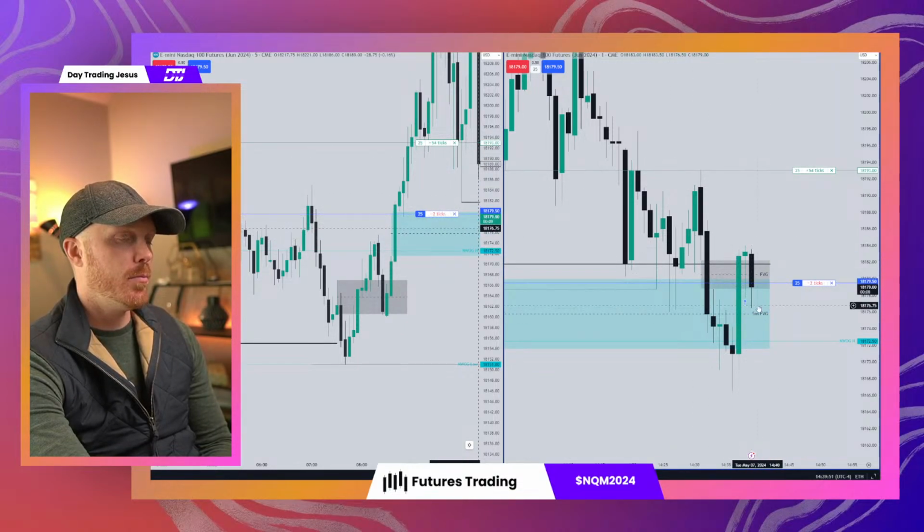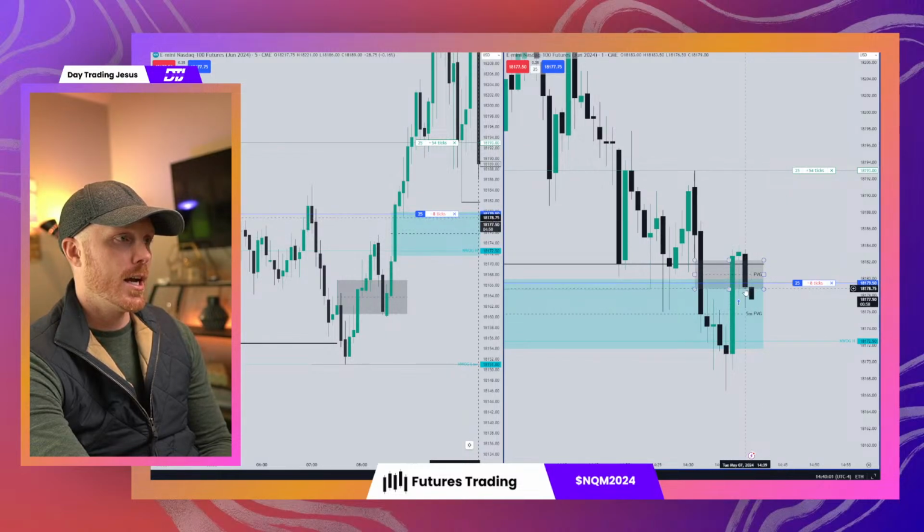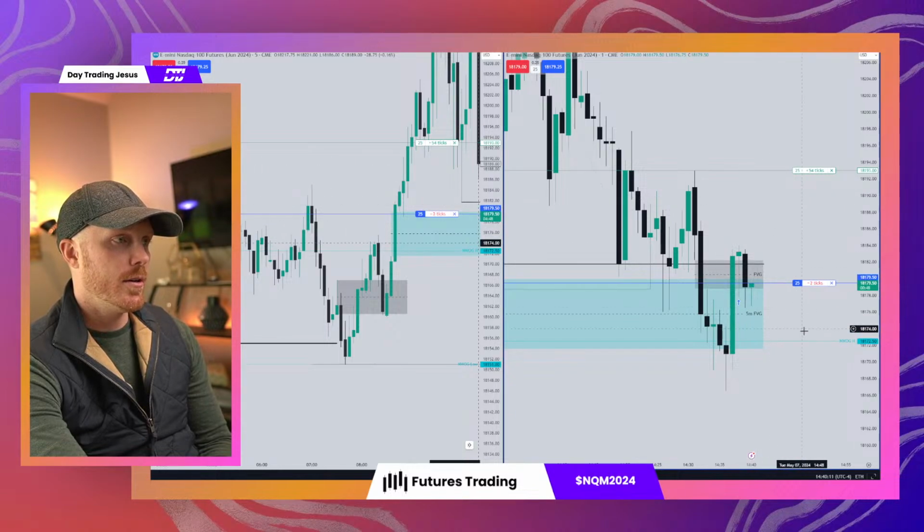Now I want to see it push the other way real fast. All right, so we did not close below it. Do you see that? We did not close below this fair value gap. So price could come down here and still go up, and I would still be in this trade.